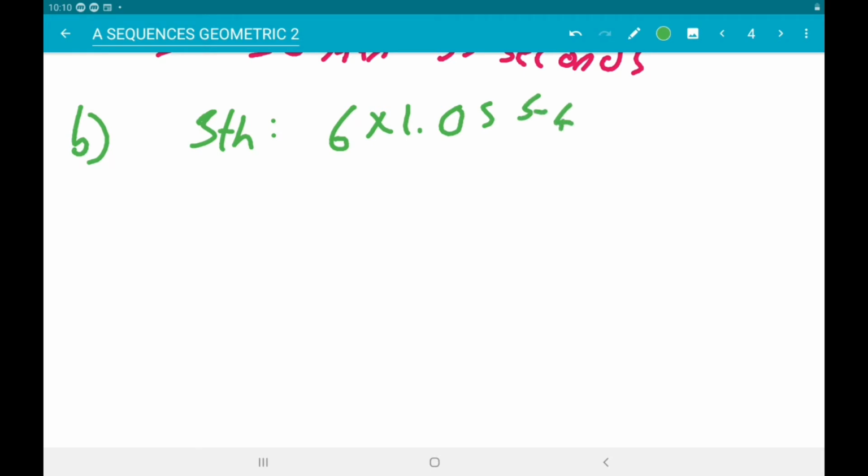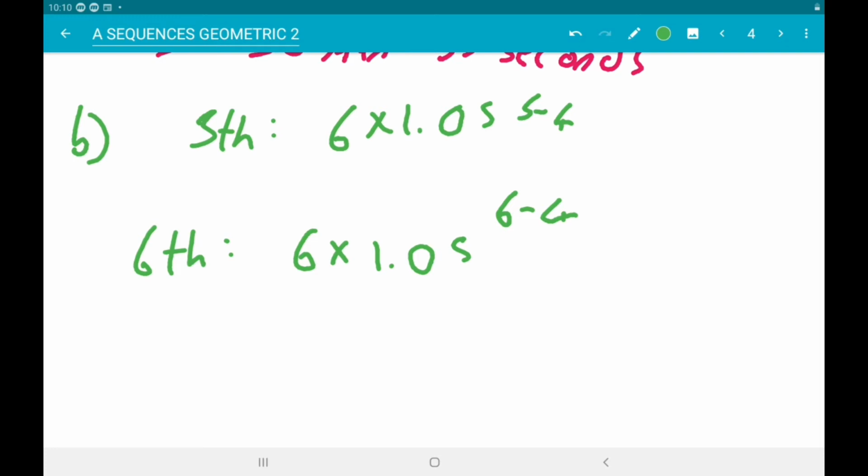We then know the 6th took 6 times 1.05 squared, or to the 6 minus 4. So what we can see is the power on the 1.05 is 4 less than the kilometre number.